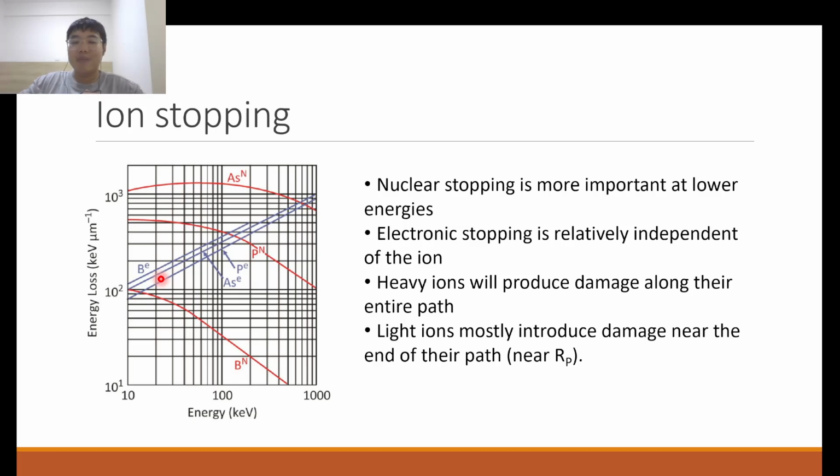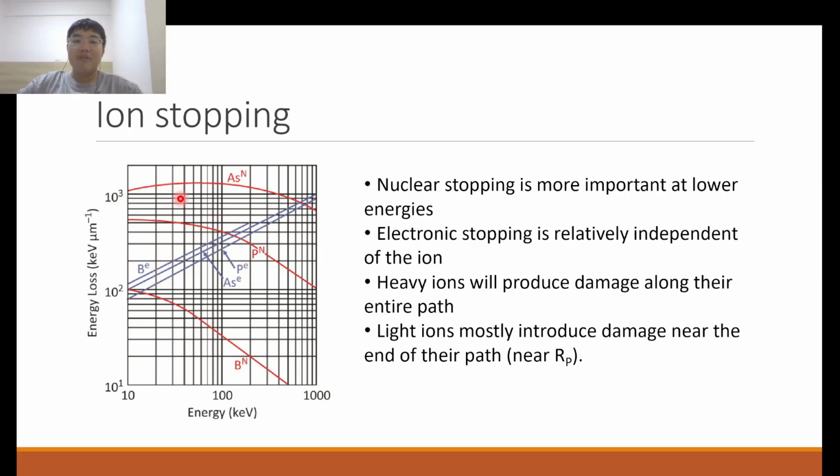So light ions like boron interact with the silicon nuclei to a greater extent when they're lower in energy. And when are these boron ions lowest in energy? It's when they are near the end of their path through the silicon lattice.